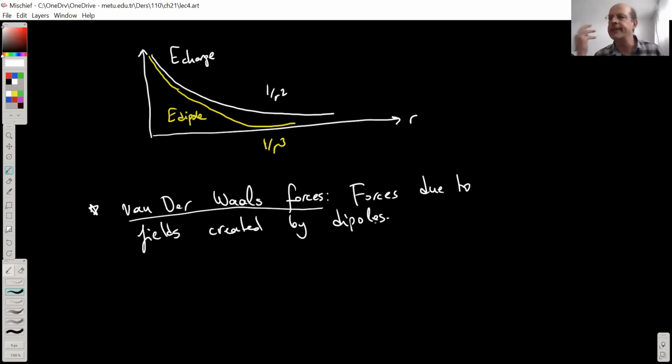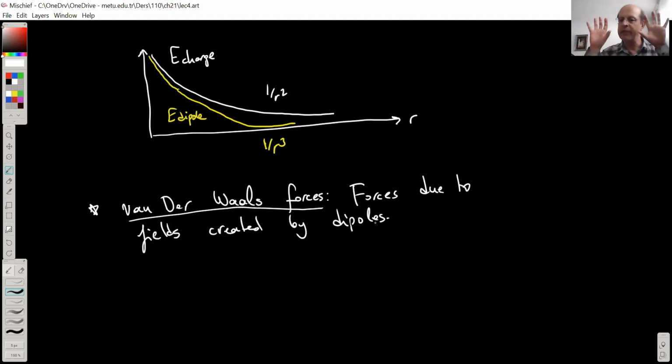So even though, for example, a helium atom doesn't have any dipole moment, it doesn't even have any quadrupole moment, there's some kind of a charge distribution. So as a result, when a helium atom is placed next to a helium atom, they somehow start interacting with each other, because somehow they become affected by their presence, and some sort of oscillating dipole moment is produced because of this interaction, right?